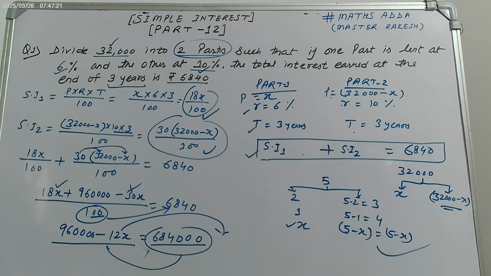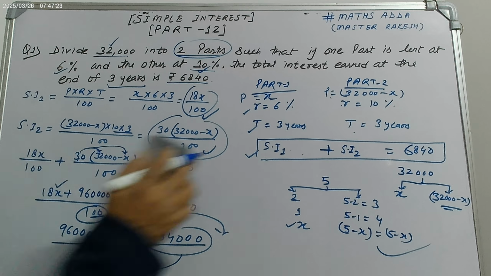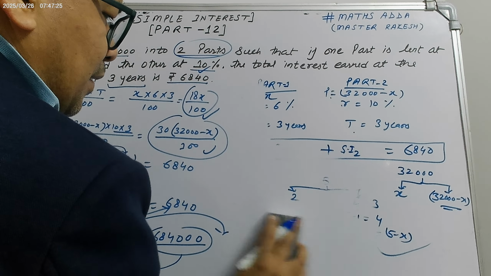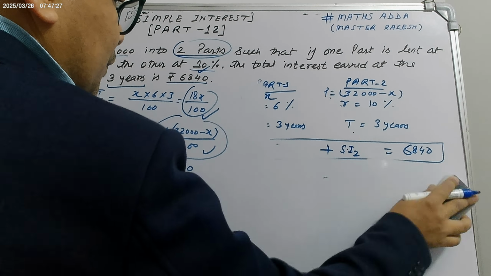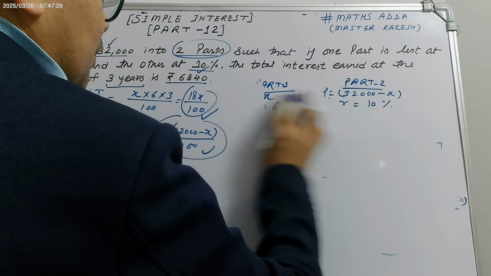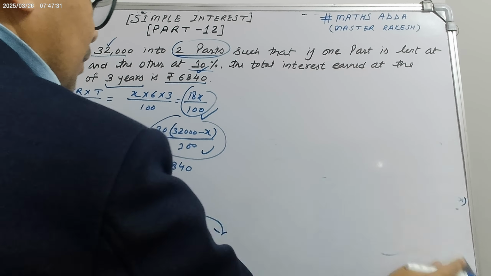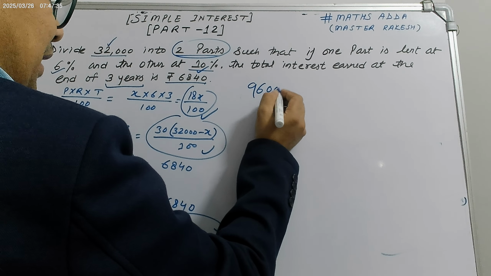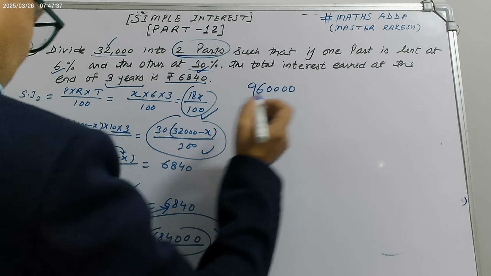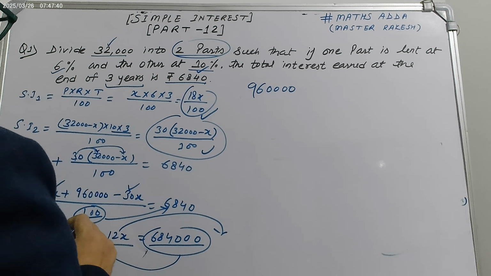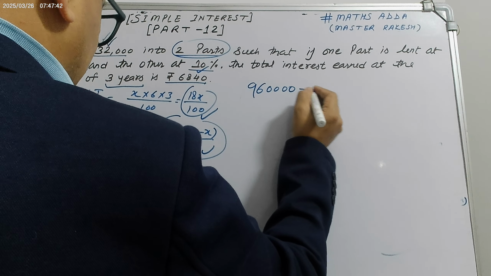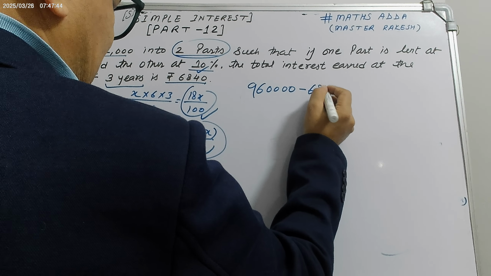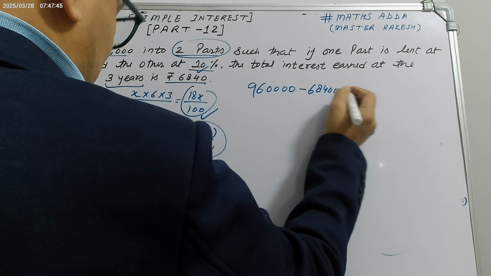The left hand side becomes 9,60,000, sorry, I counted the zeros wrong.